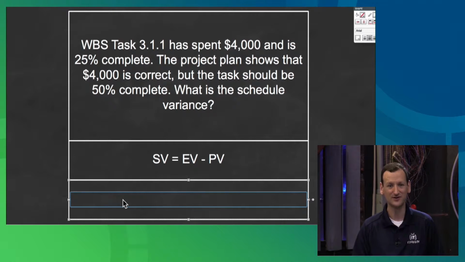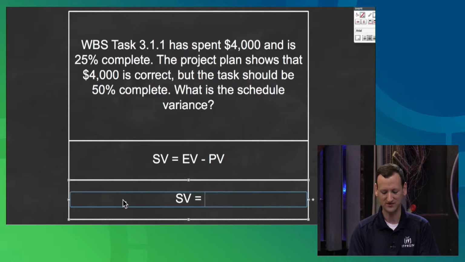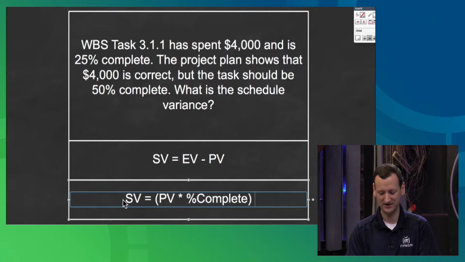So we end up with something a little more complex. Here, my schedule variance is going to equal, I need my earned value first, right? And earned value is my planned value times my percent complete, right? And then I need to subtract my planned value.